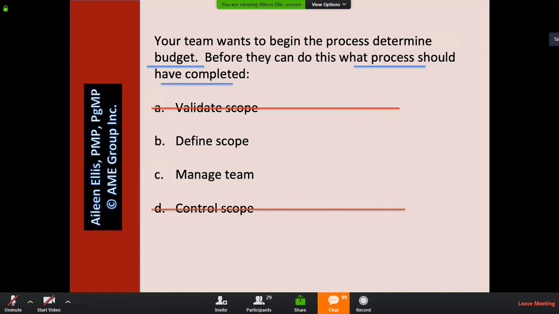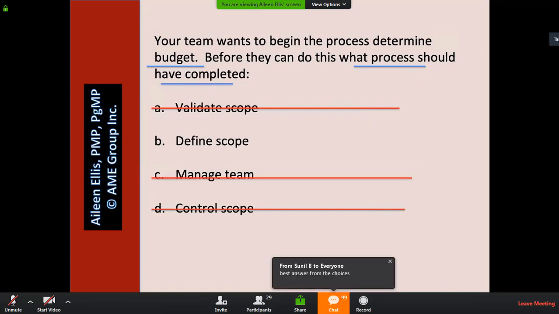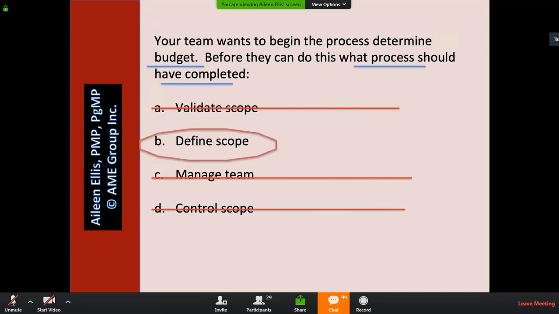Manage team is an executing process that would come after planning. Control scope, we can't control scope until we've done more work in planning. The answer we want is define scope.